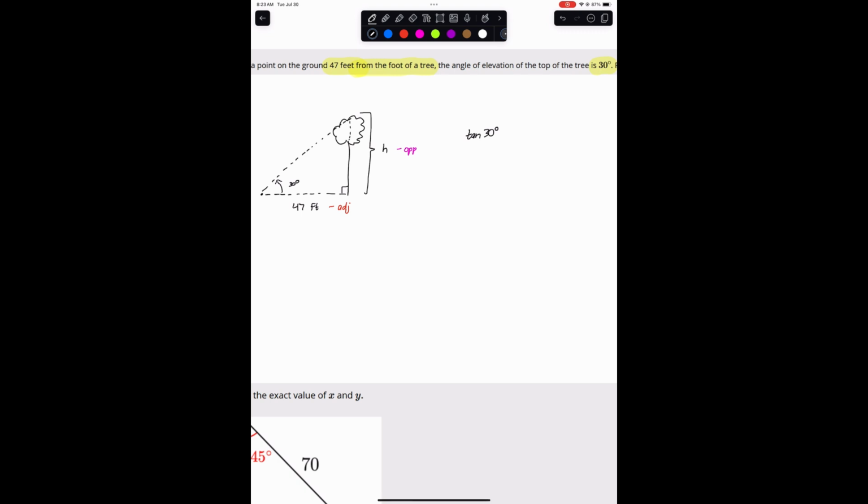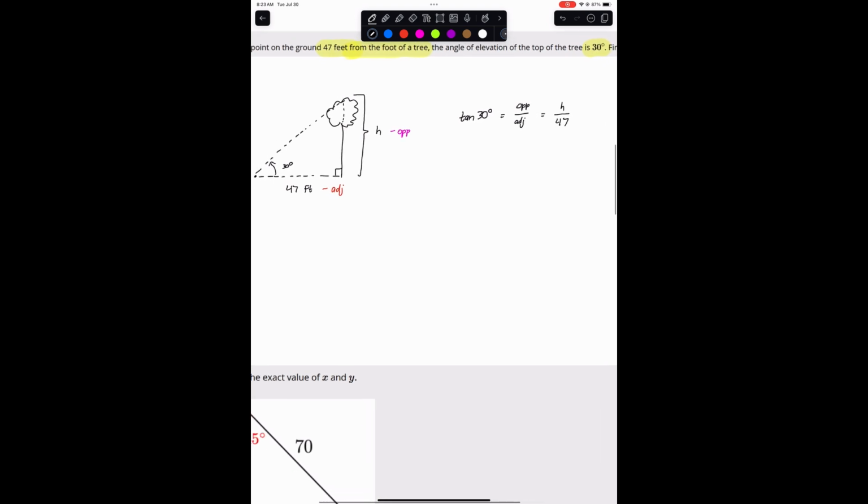Okay, this is equal to the opposite over adjacent, and this is h over 47. That means our h is 47 tangent of 30.